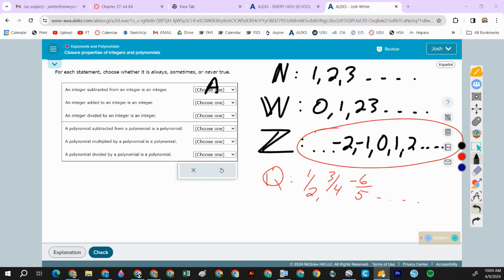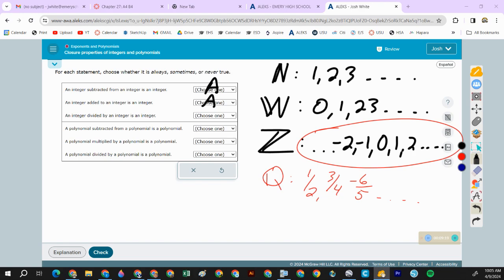Okay. What about an integer added to an integer? If I take a number in that list and I add it to another number in the list, will that always be a number that's in the list? Yes. So that is always. What if you take an integer and you divide it by an integer?